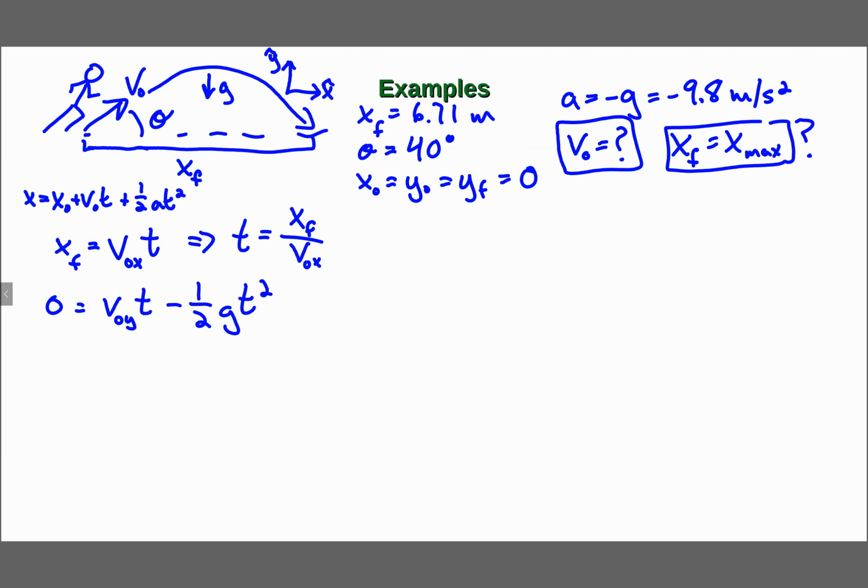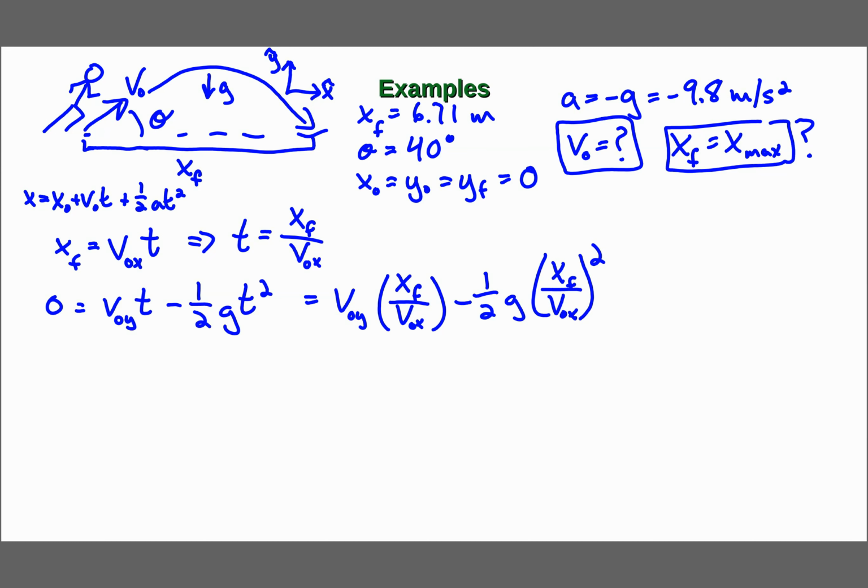We can take our expression for t from above and plug it into this equation so that we have v naught y times x final over v naught x minus 1/2 g times x final over v naught x, quantity squared. And then we can rearrange this equation to bring this term over to the left side and replace our 0.